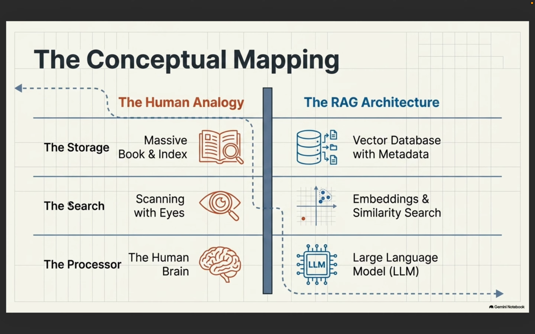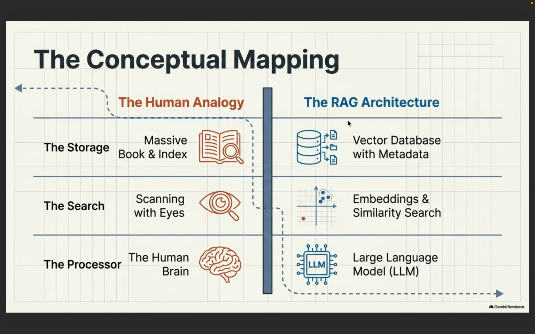Okay. So now I'm giving you a high level conceptual mapping. In the human analogy, if you ask something, based on our example, we will use some index, or some namespace, some keyword to search, right? We will use our eyes to scan it, and based on the understanding, our brain will process and generate the result.